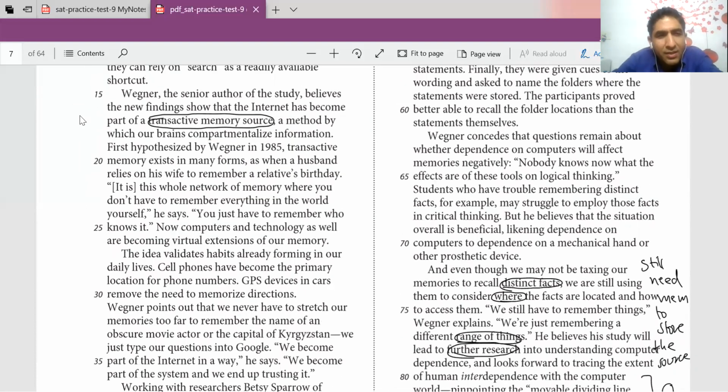We understand that transactive memory is a method by which our brains compartmentalize information. First hypothesized by this researcher, transactive memory exists in many forms, as when a husband relies on his wife. So rather than using my mind, I am using my wife's mind to remember something. She gives me information about something, a relative's birthday.